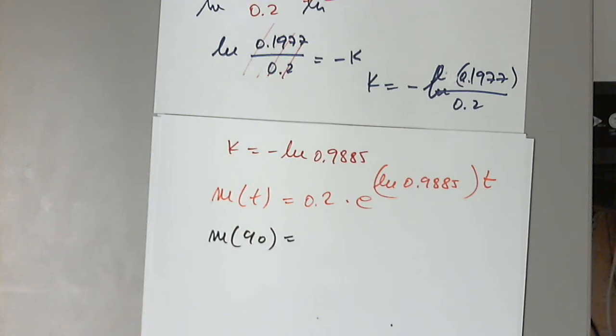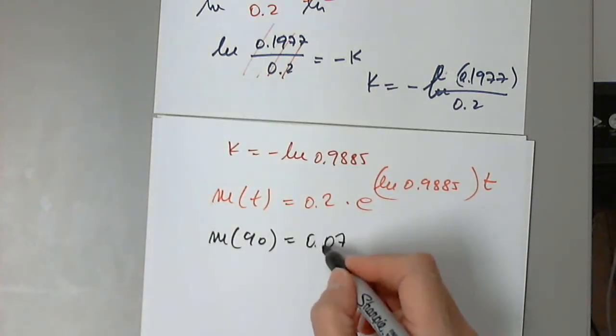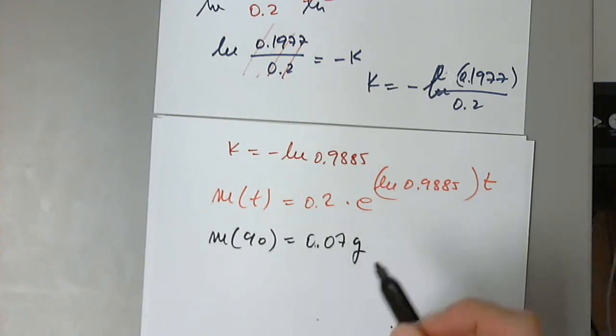So 0.2 times e to natural log 0.9885, close the parenthesis, multiply by 90, and close the parenthesis. So it will be 0.0706. I don't know how many decimal digits they want. I'm assuming maybe 2. So it will be 0.07. The measurement unit was grams, so this is grams.